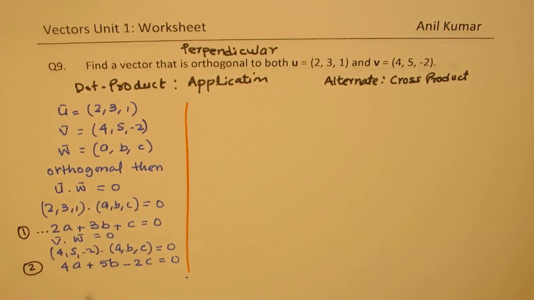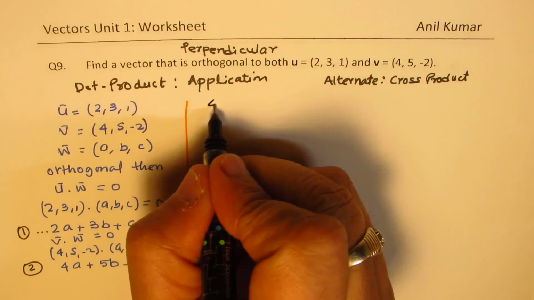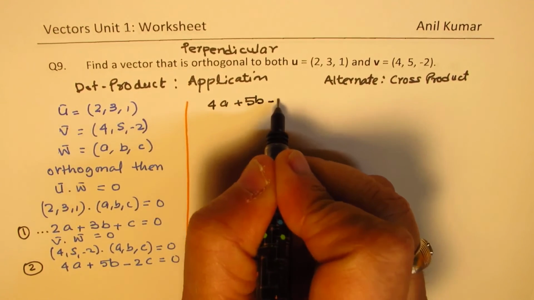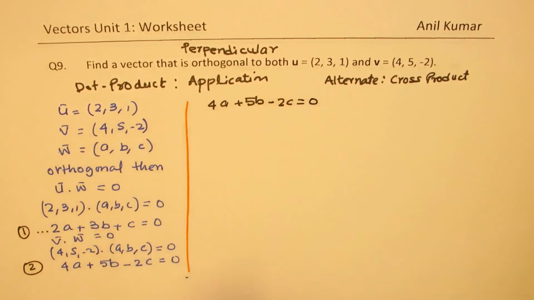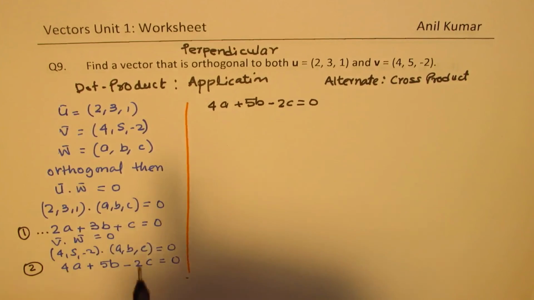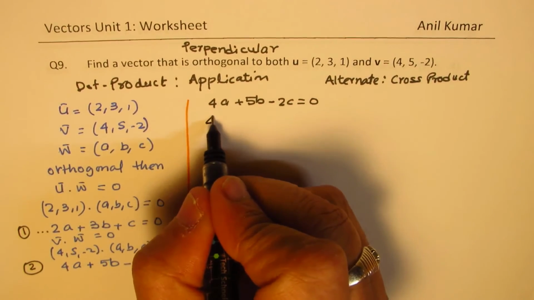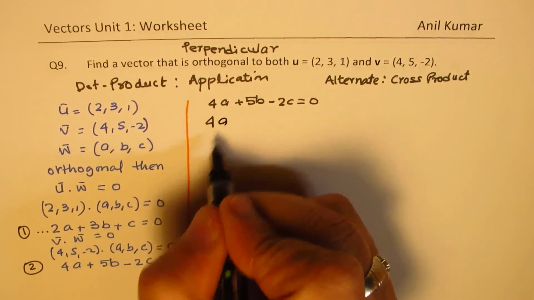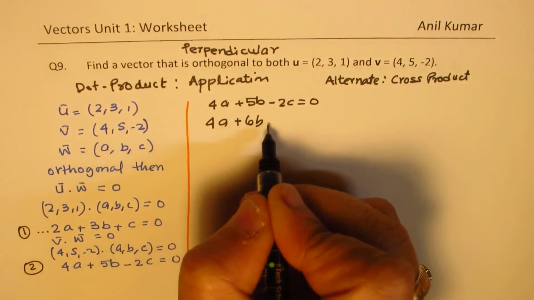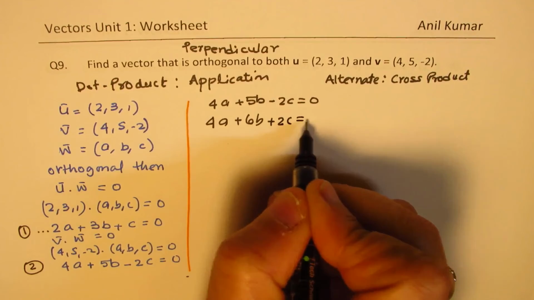So we are solving these two equations. One is 4a plus 5b minus 2c equals 0. And I'm going to multiply the first equation by 2. So I'll write that as 2a times 2 is 4a, 3 times 2 is 6b, and c times 2 is 2c, equals 0.